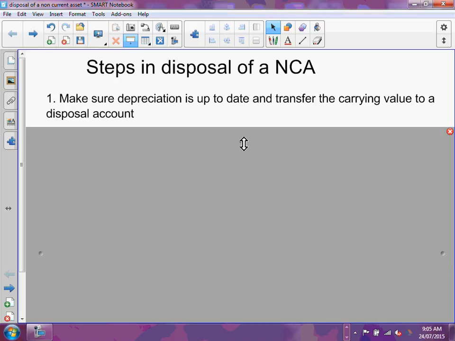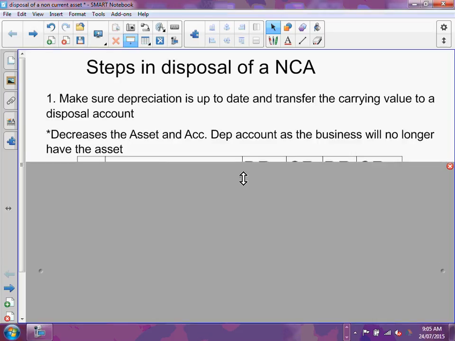So it's all summarised in this disposal account. So the purpose of that entry is to decrease the asset and decrease the accumulated depreciation account because we will no longer have that asset. So if you don't have it, there should be no balance left in there for that asset. So that's what you need to do.